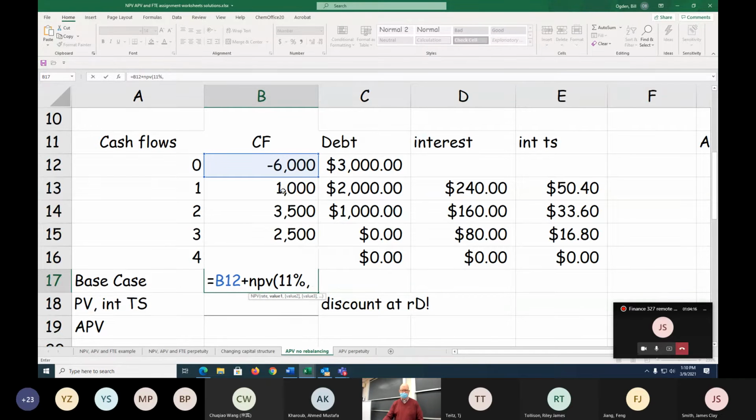And then we'll take the cash flows 1 through N. And that should give it to us.